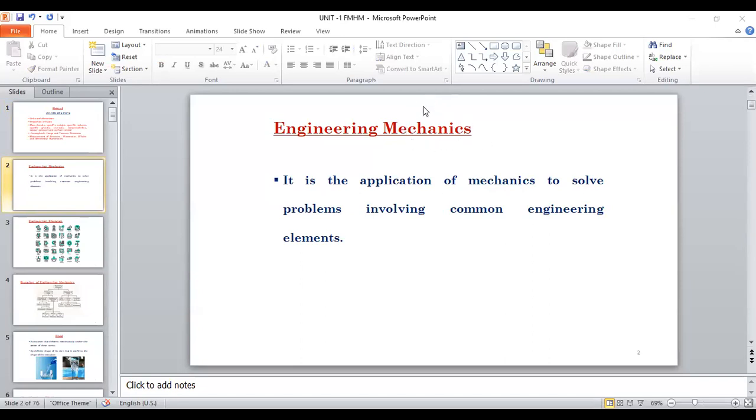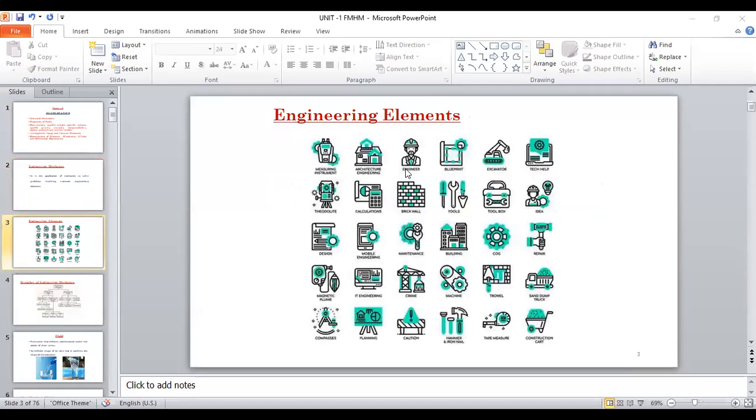What is the behavior of the bodies when we are applying forces on them? So there we have studied engineering mechanics. We have seen it is the application of mechanics to solve problems involving common engineering elements. So these are some of the engineering elements where we are going to work on different subjects, nothing but mechanics. Everything will come under this type of engineering elements.